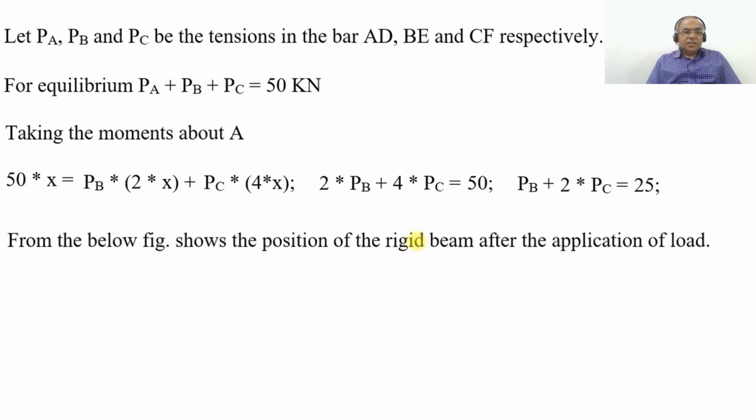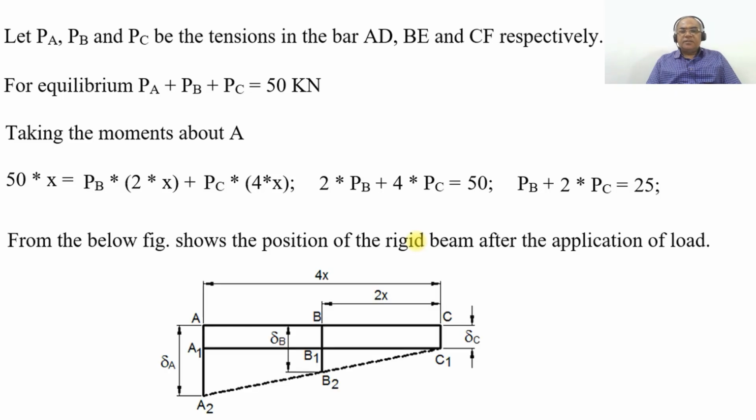The figure shows the position of the rigid beam after the application of load. From the similar triangle principles, we have AA2 by BB2 equal to 4x by 2x.